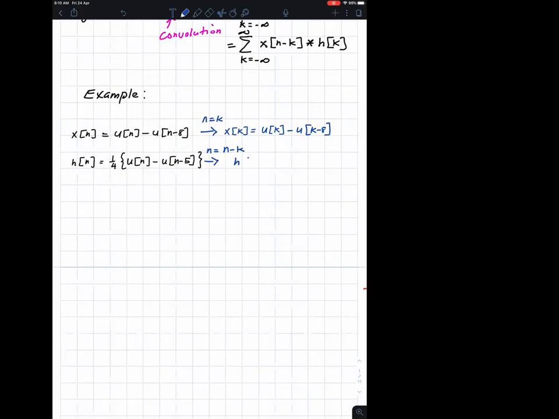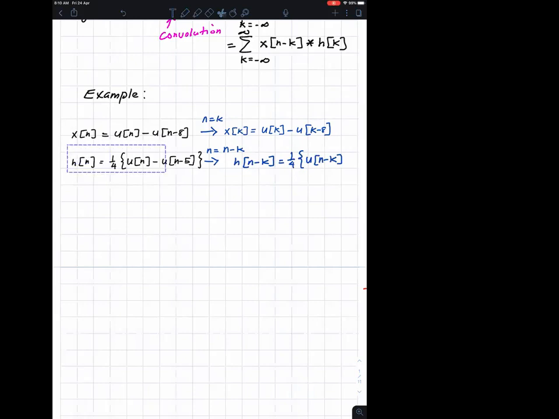So therefore h, replace the n with n minus k: 1/4 to the power n minus k, u[n minus k].